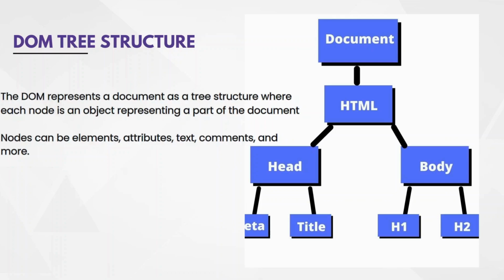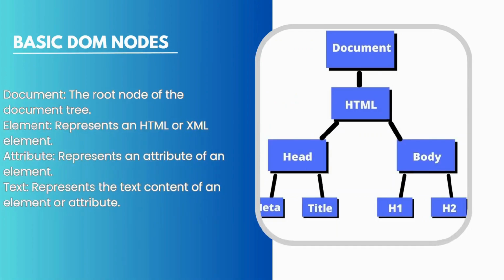Elements can be parts of the HTML, attributes can be things like images or contrast which we are going to manipulate in JavaScript for the design part, and then the text and comments, which we are going to cover in this tutorial.